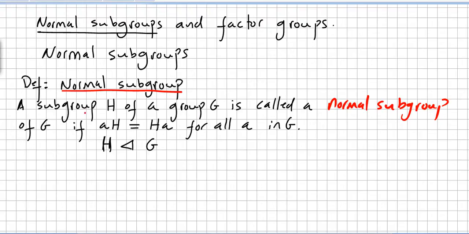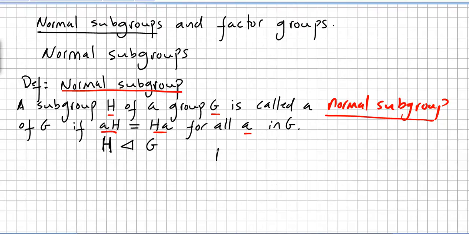A subgroup H of a group G is called a normal subgroup of G if AH equals HA for all A in G. Usually we write it this way: H normal subgroup of G. So this is the usual notation.